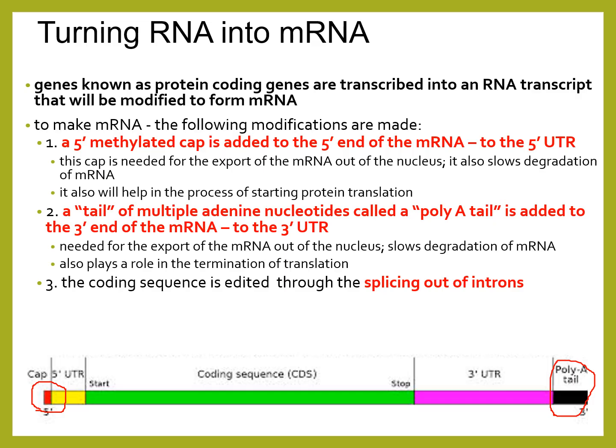Just like the 5' methylated cap, it's needed for export of the mRNA out into the nucleus. It slows down degradation of the mRNA by these enzymes, so it stops the degradation at the 3' end. And it plays a very important role in stopping, or what we call termination of translation. And then finally, the third modification is all introns must be removed from the RNA coding sequence.